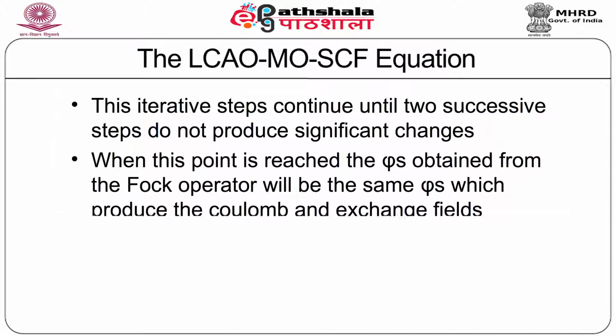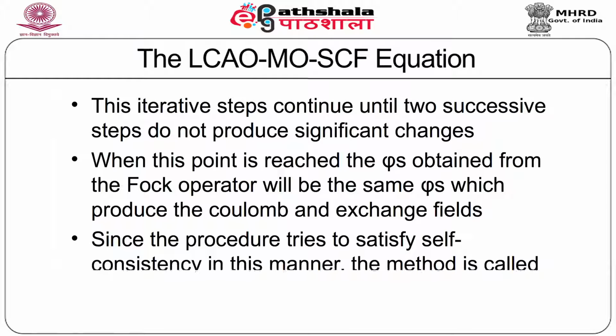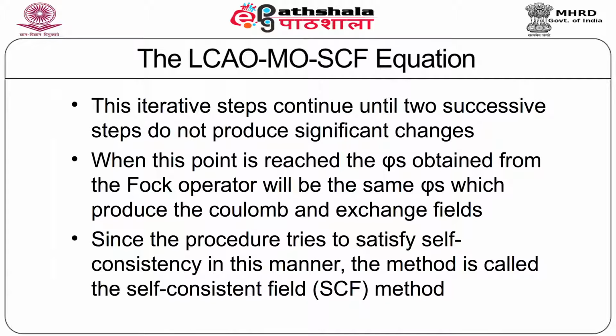When this point is reached, the phi's obtained from the Fock operator will be the same phi's which produce the Coulomb and exchange fields. Since the procedure tries to satisfy self-consistency in this manner, the method is called the self-consistent field or SCF method.